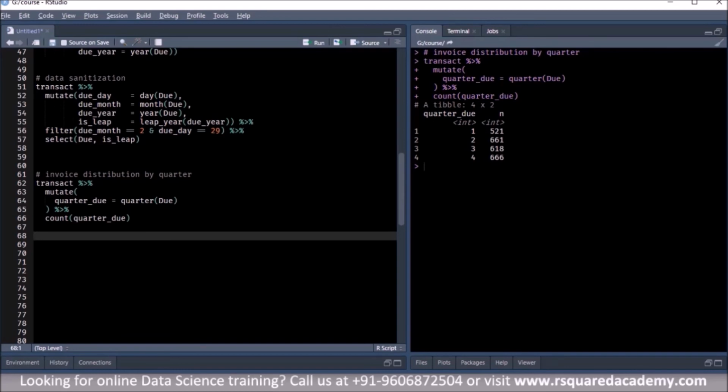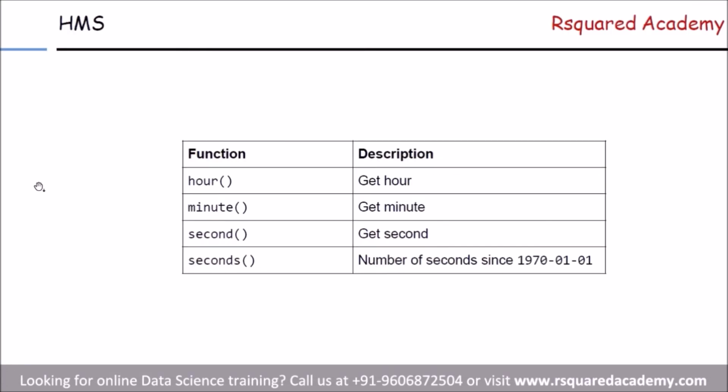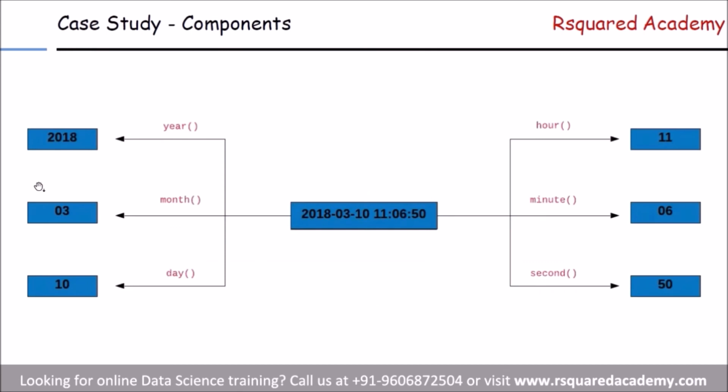So these are some simple use cases of how you can use these functions from lubridate and base R for quick data analysis. Now we have a few practice questions for you. Let us see them.